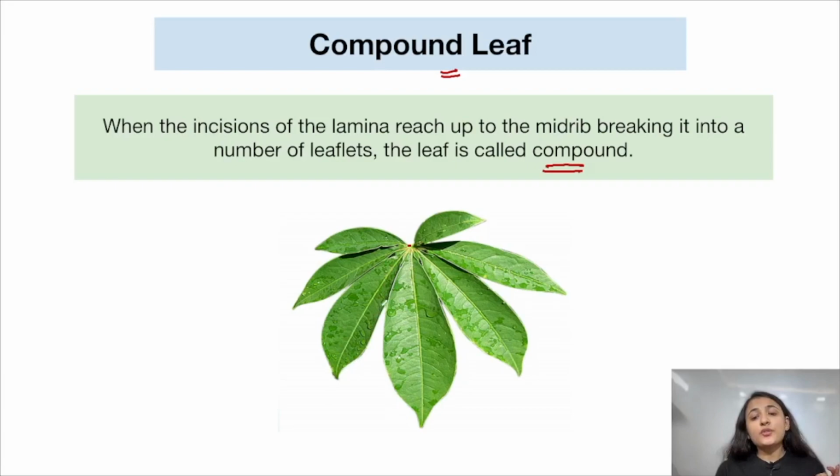Because now the leaf has broken down into a number of small leaflets. It is a single leaf, but it has a number of leaflets in it. These leaflets together can be called a leaf. That is why we call it a compound leaf, because it has a number of units in it.